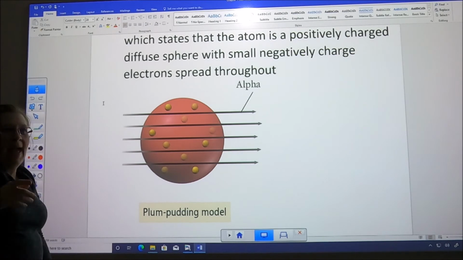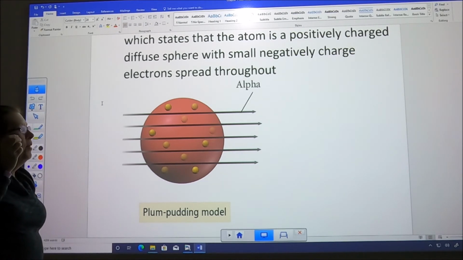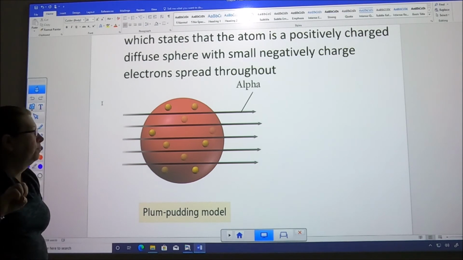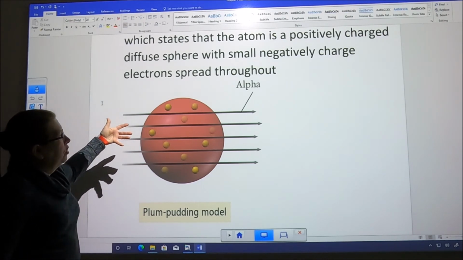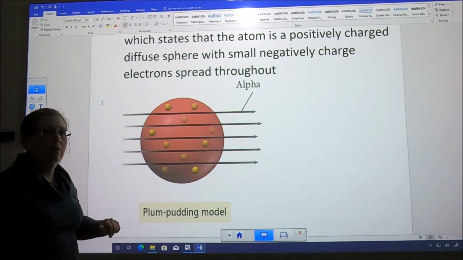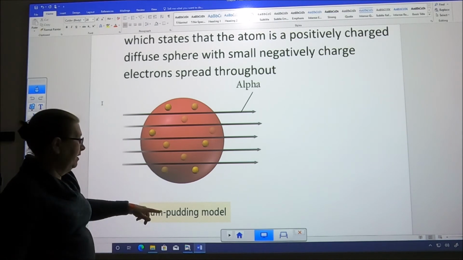Alpha particles had a mass equal to the mass of helium, but were positively charged. These alpha particles should just blast straight through an atom if Thomson is right.